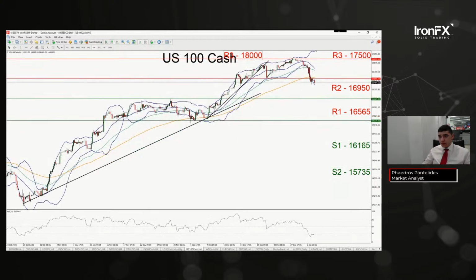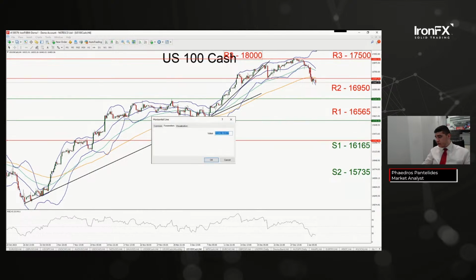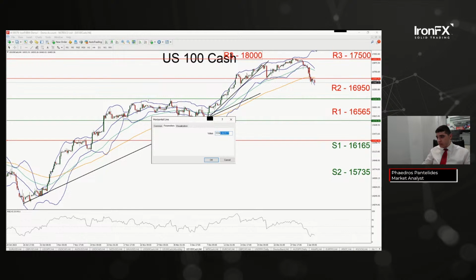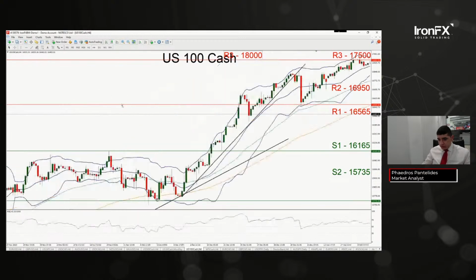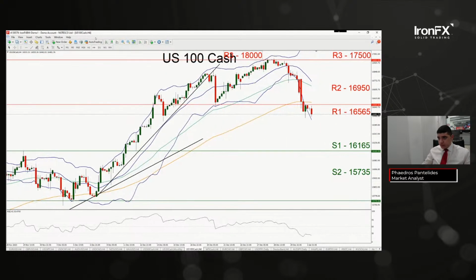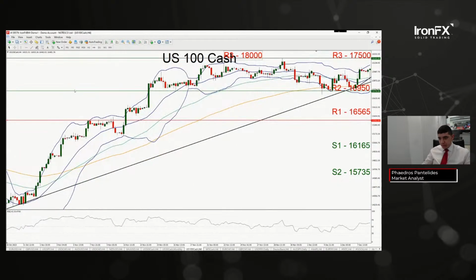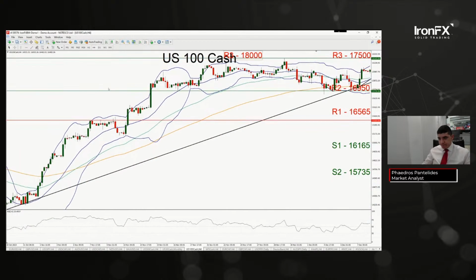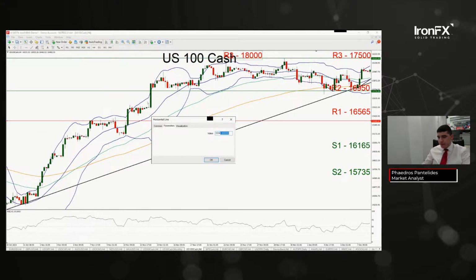And then for S3 15,300 and we could say 50 and 50. Actually, no. Let's just make sure. No, slightly lower. So 15,340. That would be S3.